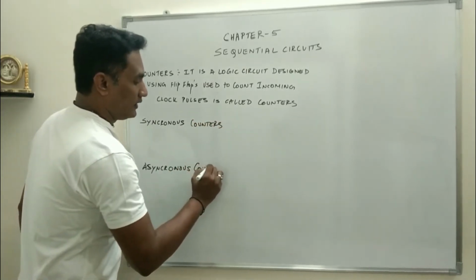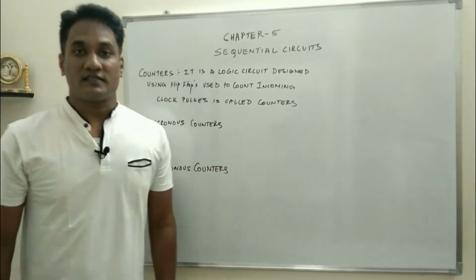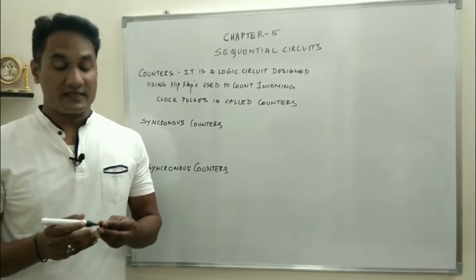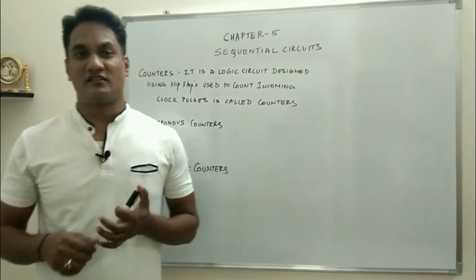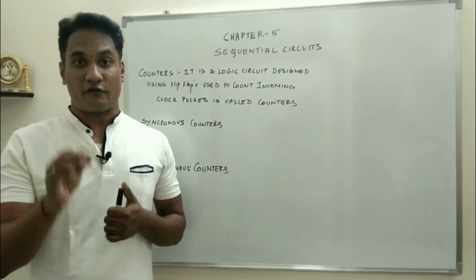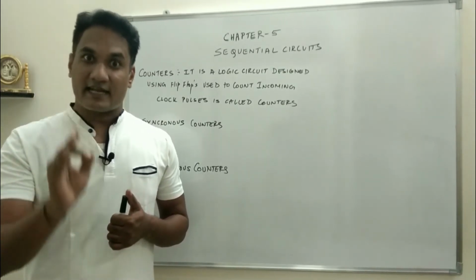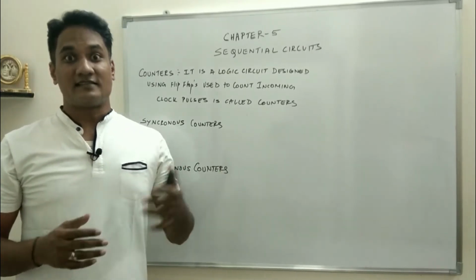I hope you understand the meaning of synchronous and asynchronous. Synchronous means, I will give you an example. Suppose there is a group dance going on and all the participants are performing a step exactly at the same time. Of course, we will say that the dance is in sync.